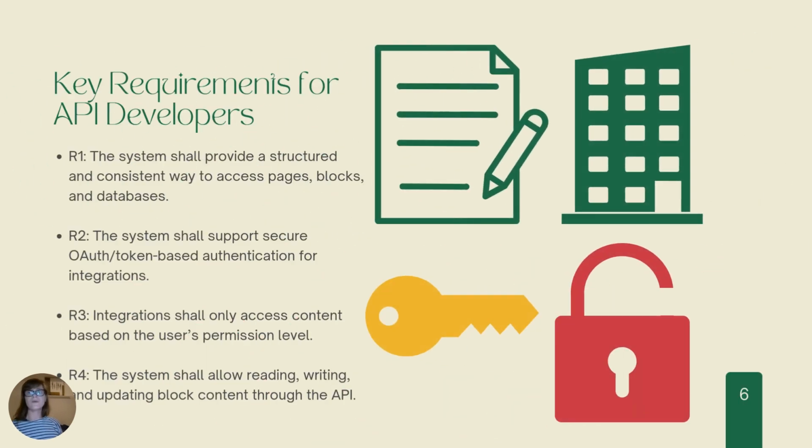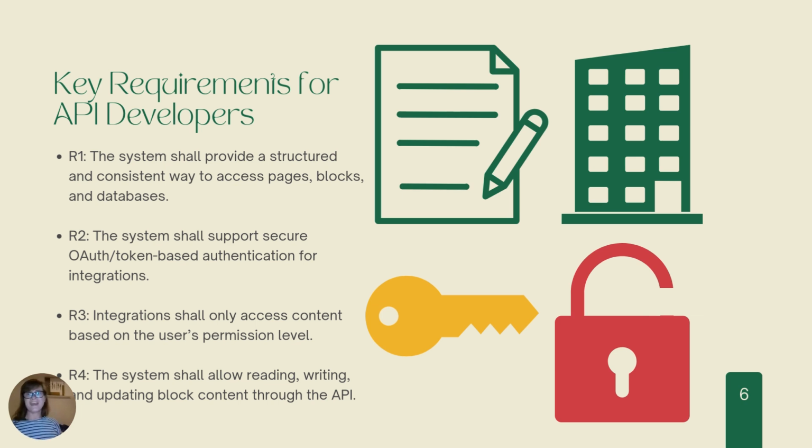To work with Notion as an API developer, there are four core requirements to understand. First, Notion needs to present its content, pages, blocks, and databases in a clear, structured format so integrations know what they're dealing with. Second, all access must go through secure OAuth authentication.